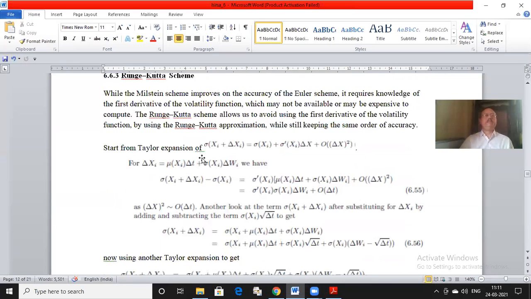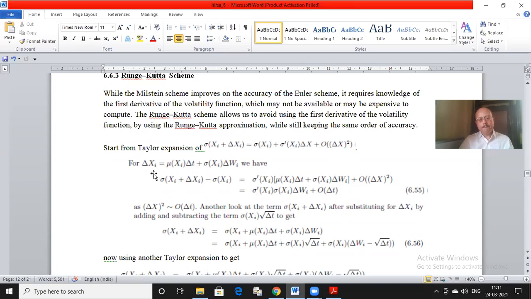So we start with the Taylor expansion of the volatility function around some starting point Xi. Sigma at Xi plus delta Xi is now written as sigma Xi plus sigma prime delta X, and order of delta X squared is the error.